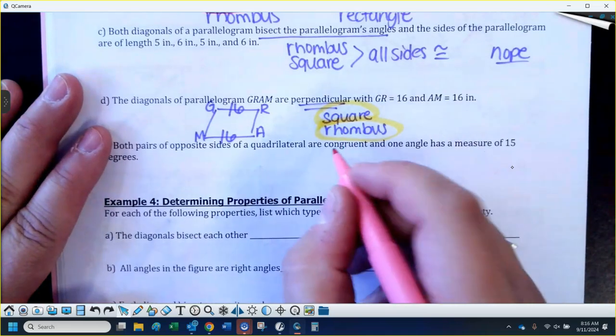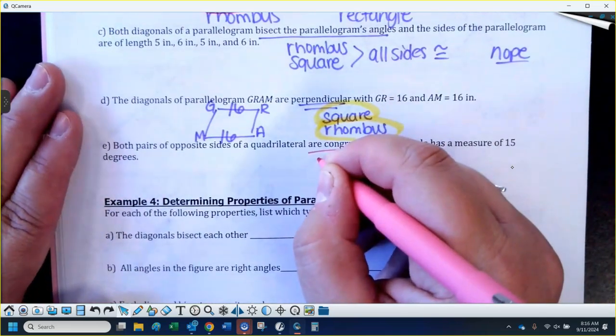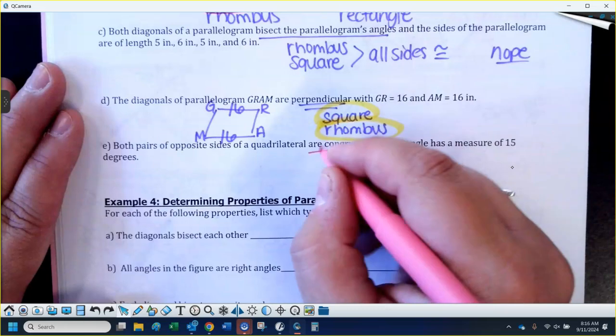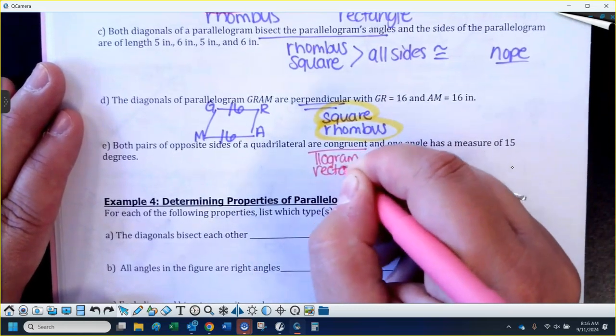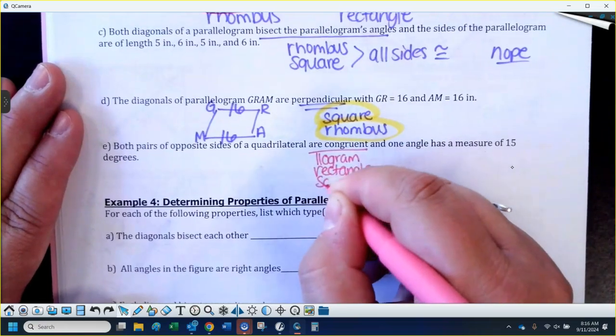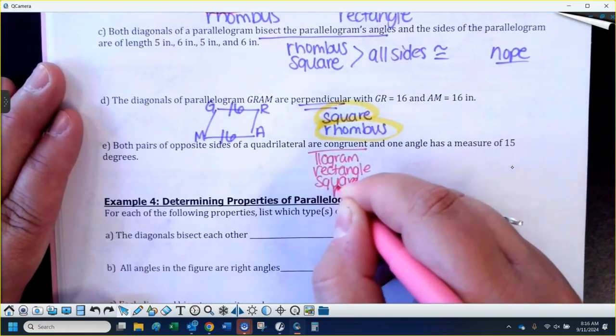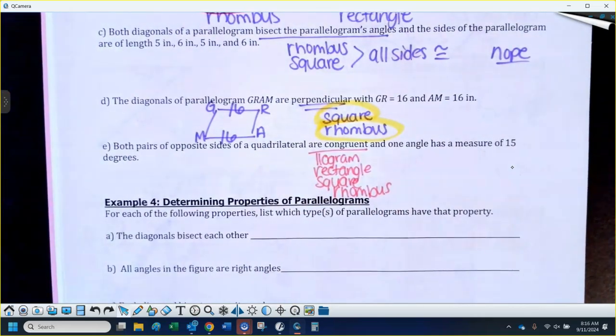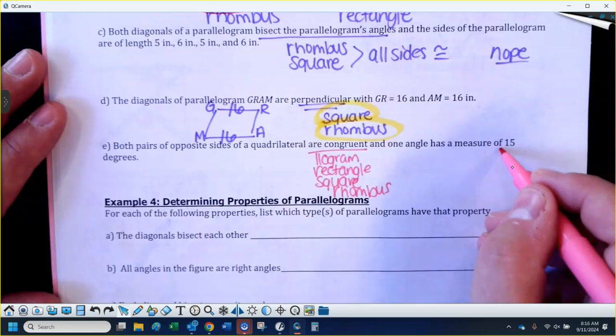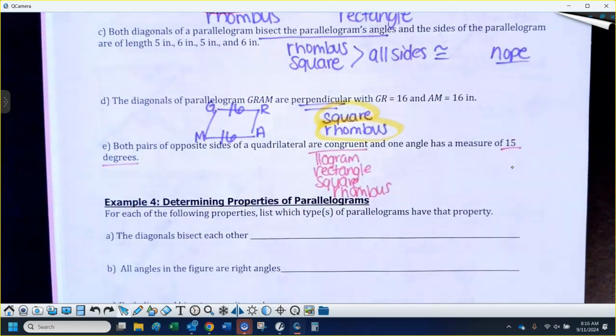Both pairs of opposite sides congruent. So that's actually literally all. This would be parallelogram. This would be rectangle, square, and rhombus. All four of them. Okay. One angle measures 15 degrees.